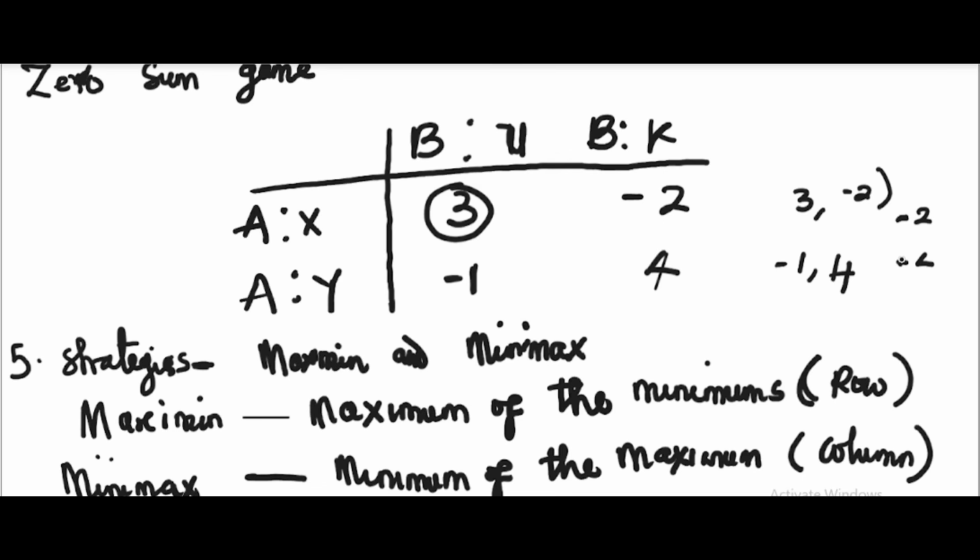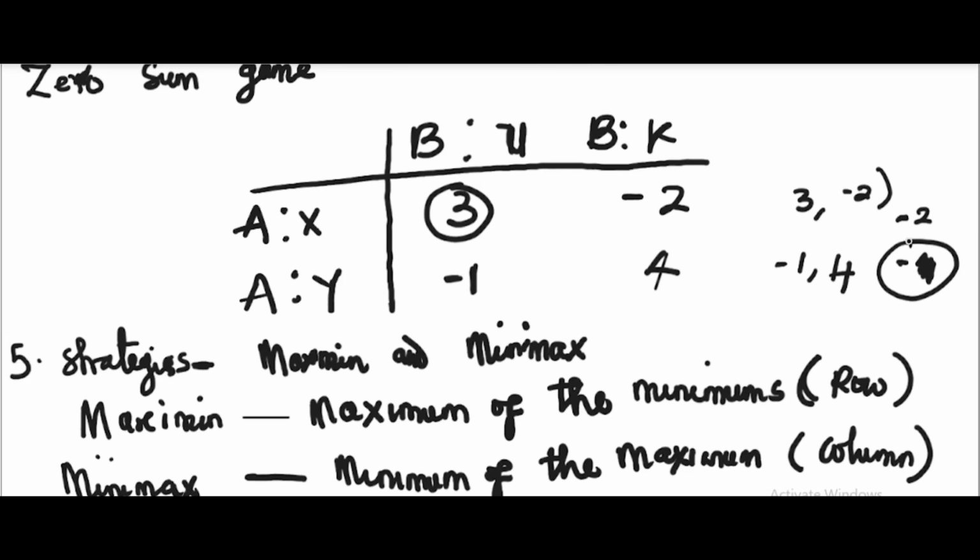Pick the minimum in each row, keep it by the side, go to the next row, pick the minimum. When you are done, we have -2 and -1. Which of them is the maximum? -1 is the maximum.